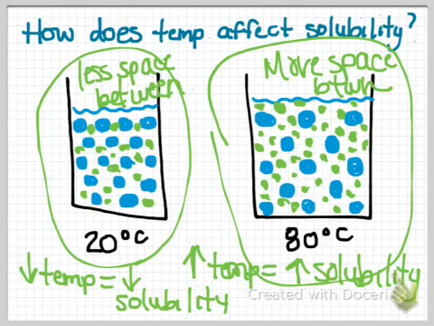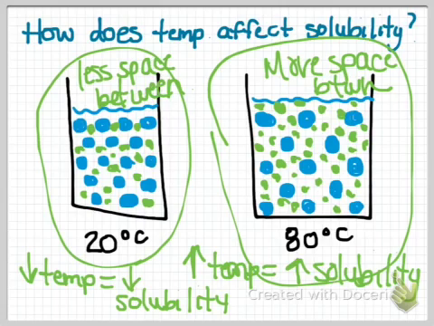We know that if we have more space between, we can put more stuff in it. If we have less space between, we can put less solute in it. So that is a summary of how temperature affects solubility.